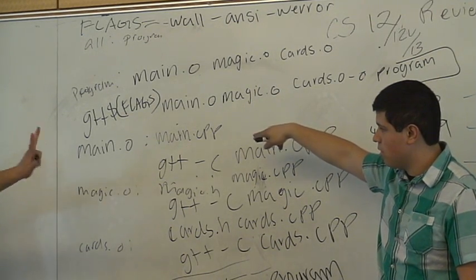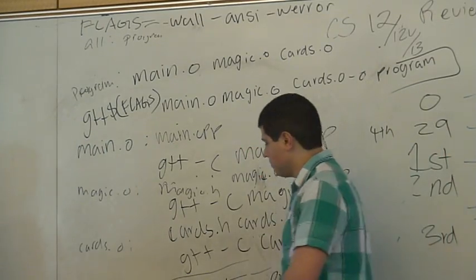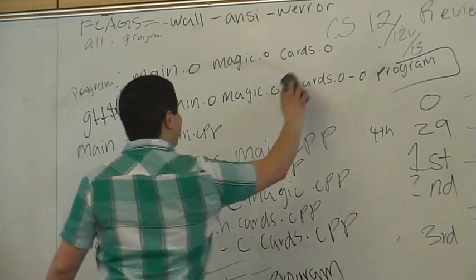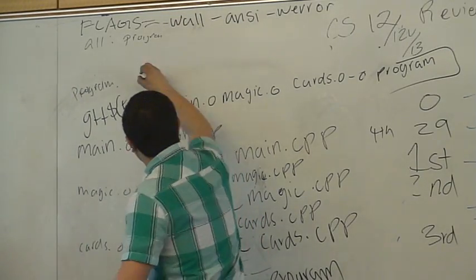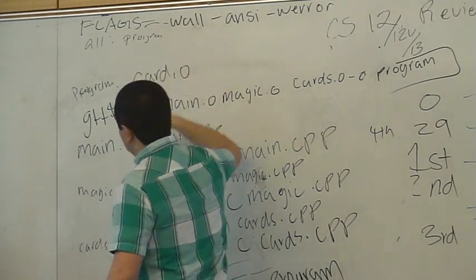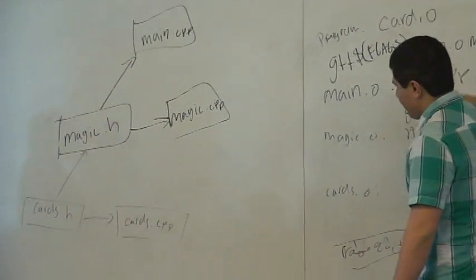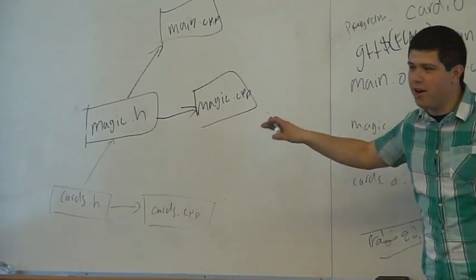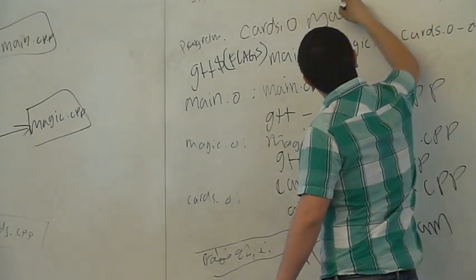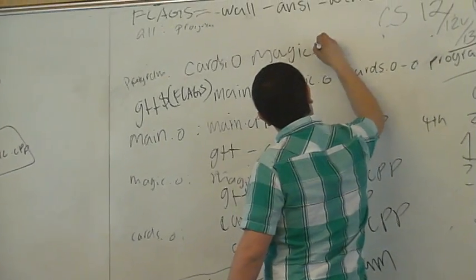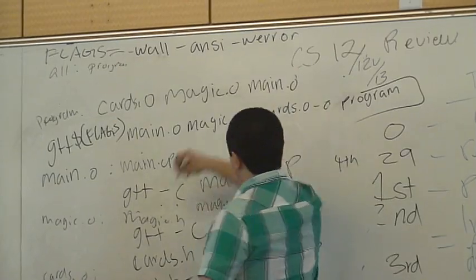So according to this diagram, we need to make cards.o first because it has no dependency. Magic only depends on cards, so after cards, we make magic. And then we can finally make main.